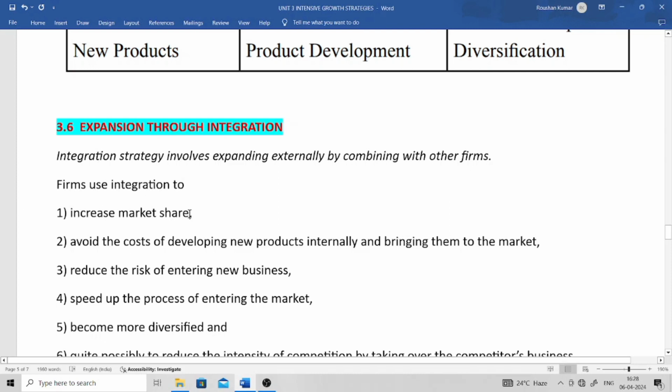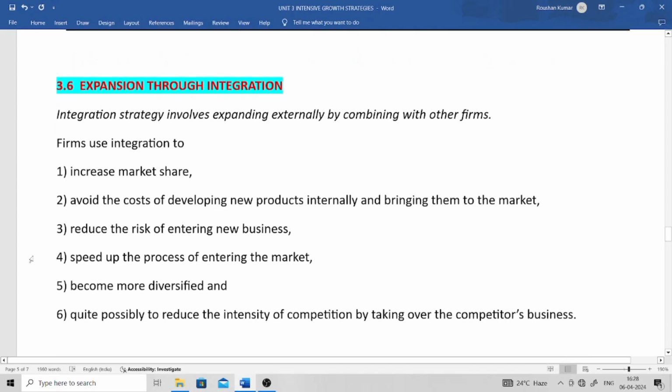So first take a look at vertical integration. What happens in vertical integration? Vertical integration refers to the integration of firms involved in different stages of the supply chain.